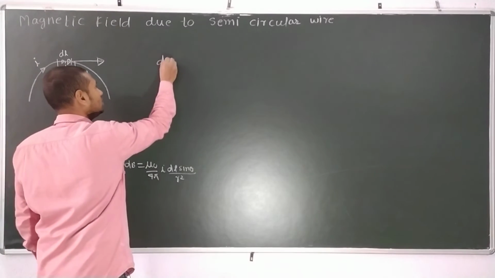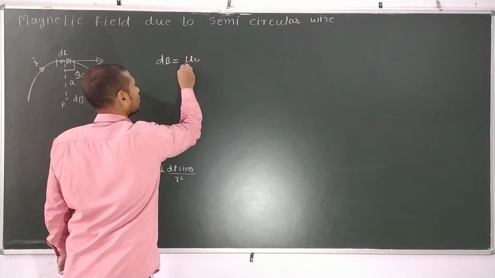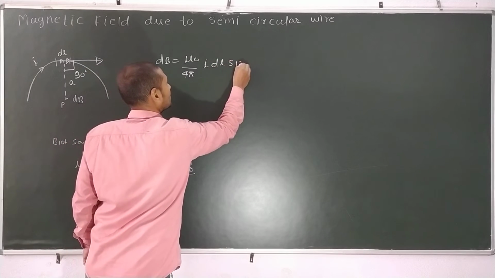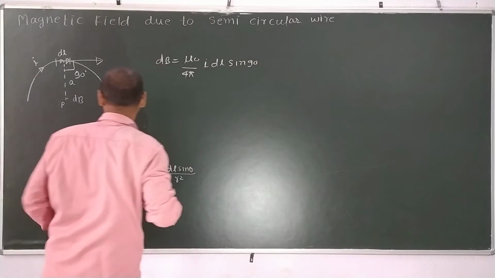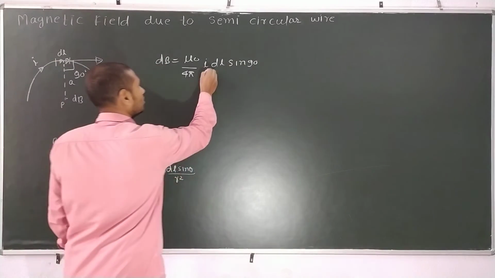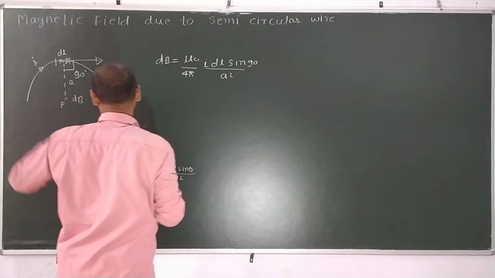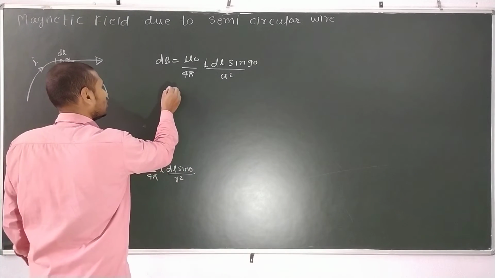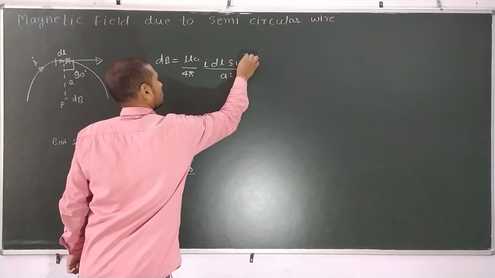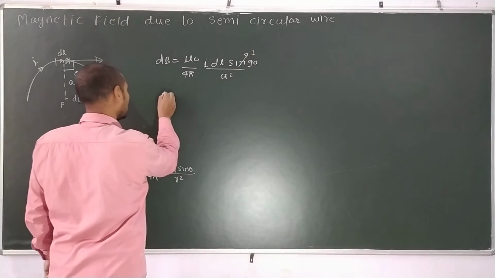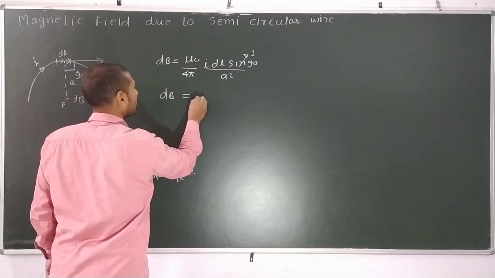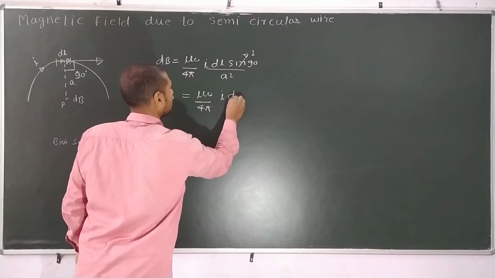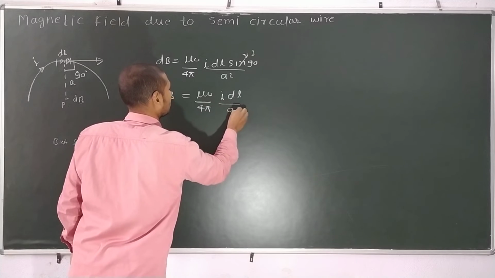So dB becomes mu naught upon 4 pi I dl sin theta, where theta is 90 degrees, upon a square, where a is the distance between dl and P. Again, we know that sin 90 is 1, so dB becomes mu naught upon 4 pi I dl upon a square.